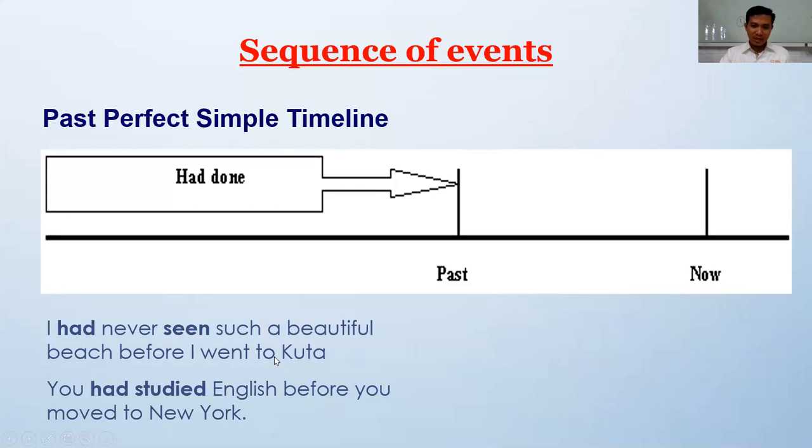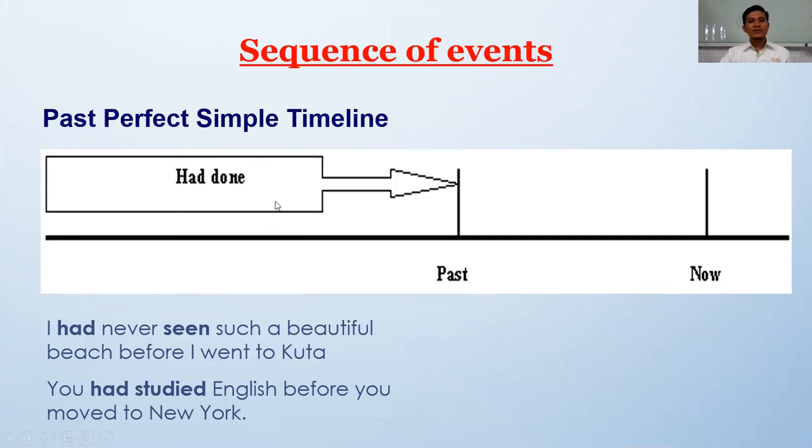Here or here or here? Here. I went to Kuta. The position is here in the past, and I had never seen such a beautiful beach is here.